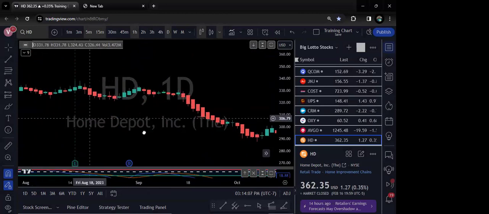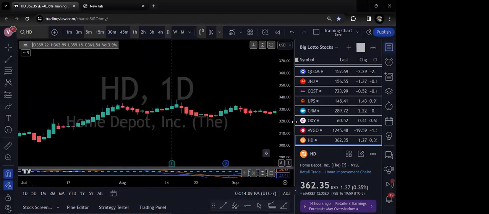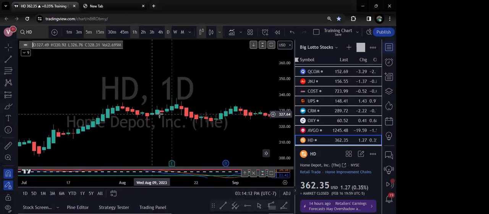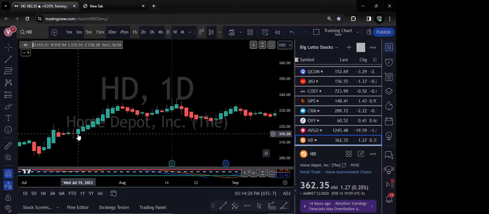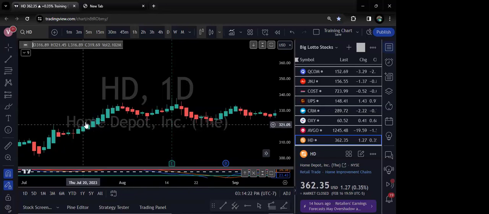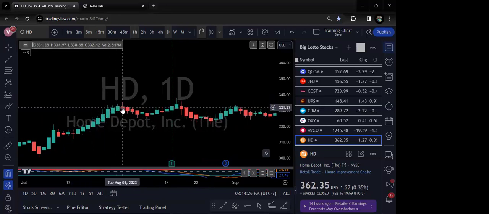This one was a good one, but it's not been behaving well. If you look here, if you want to know even to swing, if you're seeing indecision candles like this, would probably not make a good play for swing. You want a strong one, see here, strong, strong, strong, strong, strong. The minute you have indecision, you should be taking profit.